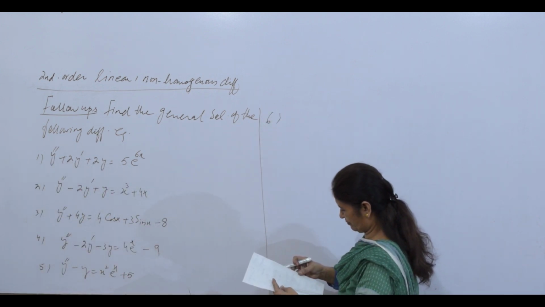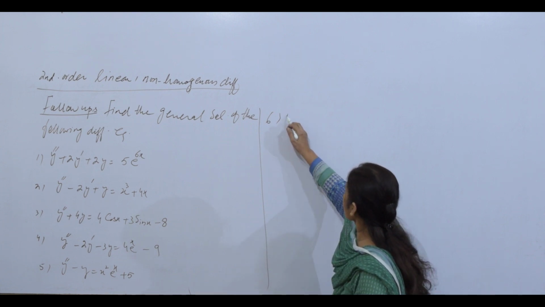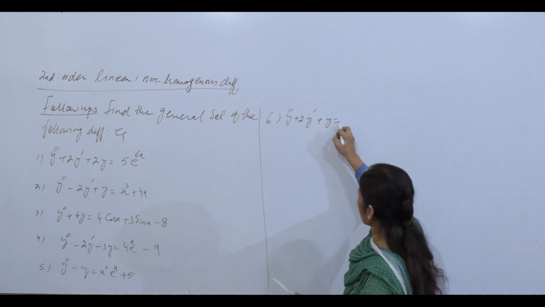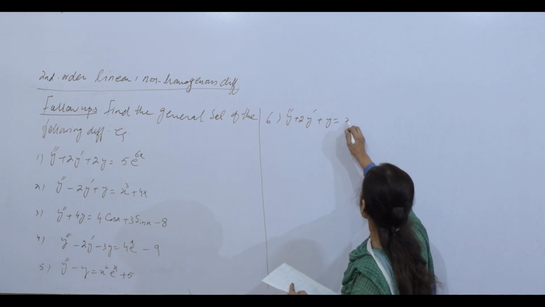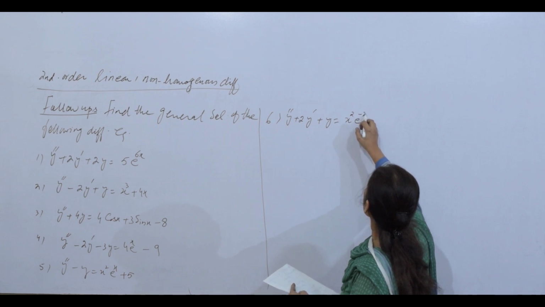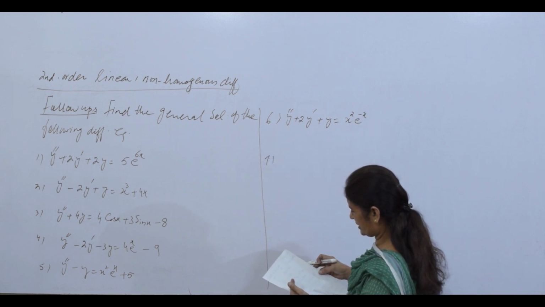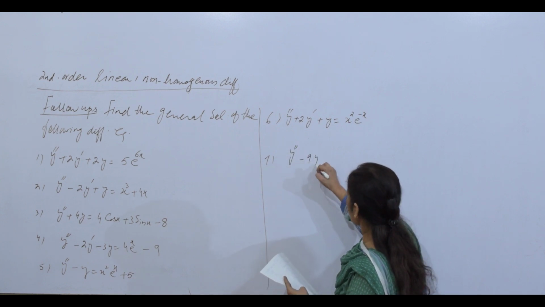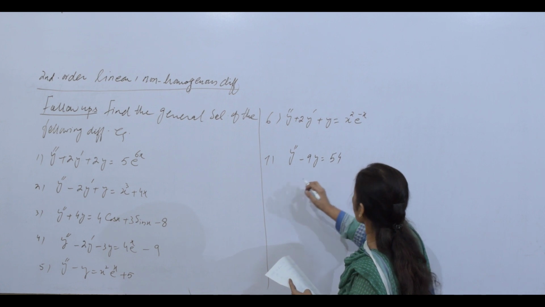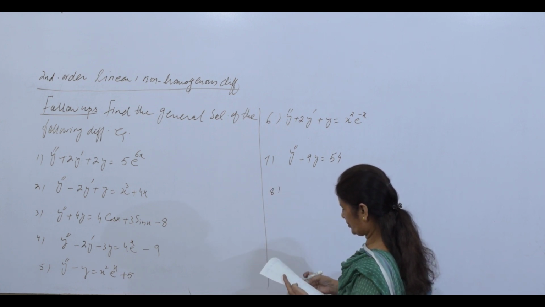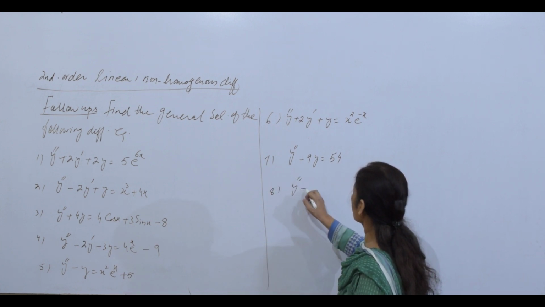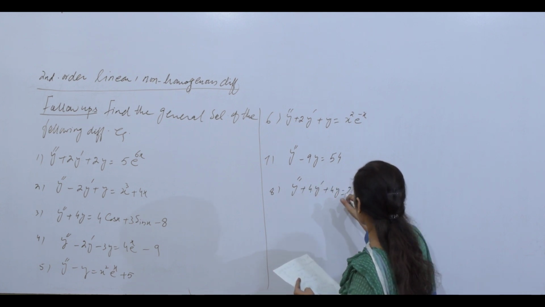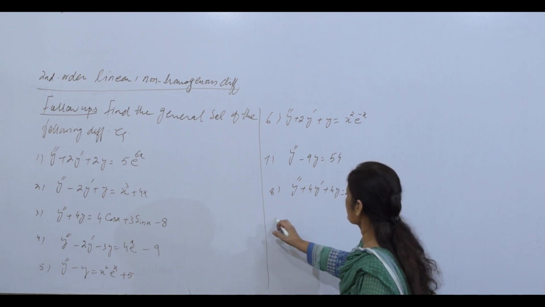Sixth: y double dash plus 2y dash plus y equals x squared e^(-x). Seventh: y double dash minus 9y is 54. Eighth: 4y double dash plus 4y dash plus 4y is equal to 2x plus 6.